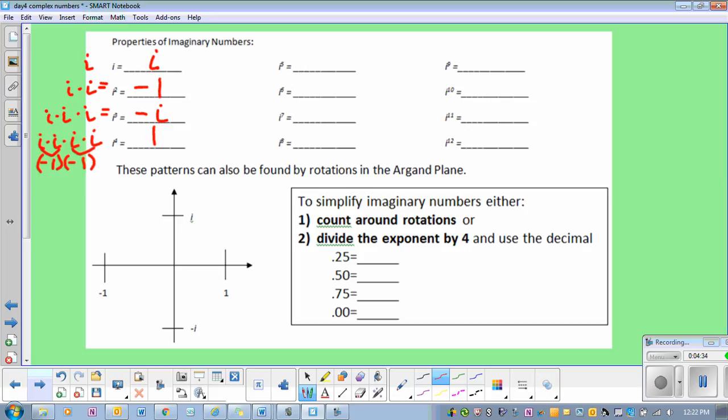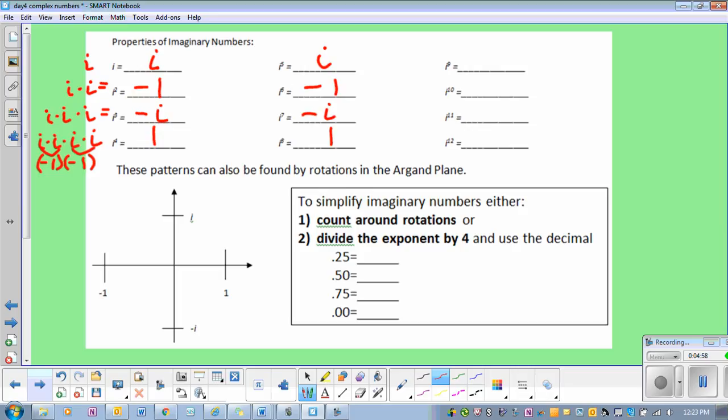But do you see why this is happening? This is a pattern, guys. If we go to i to the 5th, guess what it's going to be? It's going to be i. What do you think i to the 6th is going to be? Negative 1. What about i to the 7th? Negative i. And then 1.